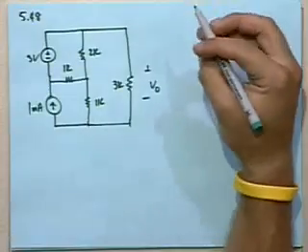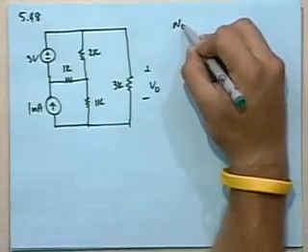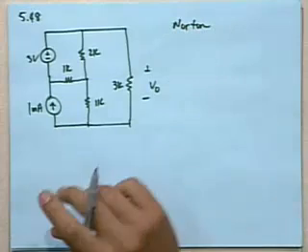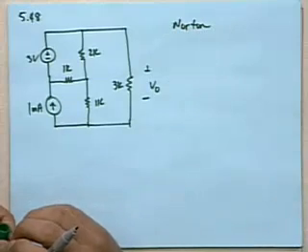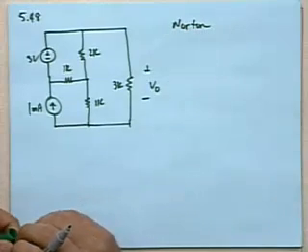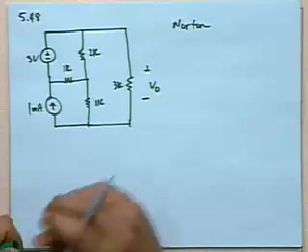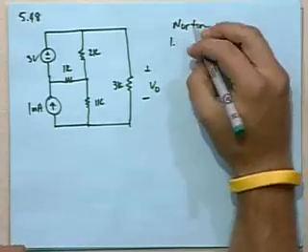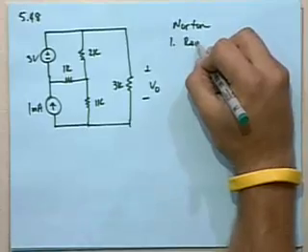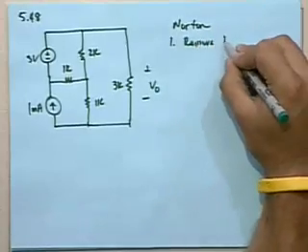So the first one is problem 5.48, and we're actually supposed to do this one as a Norton problem. When we're doing a Norton analysis, we'll first remove the load, which is in this case the 3K resistor.